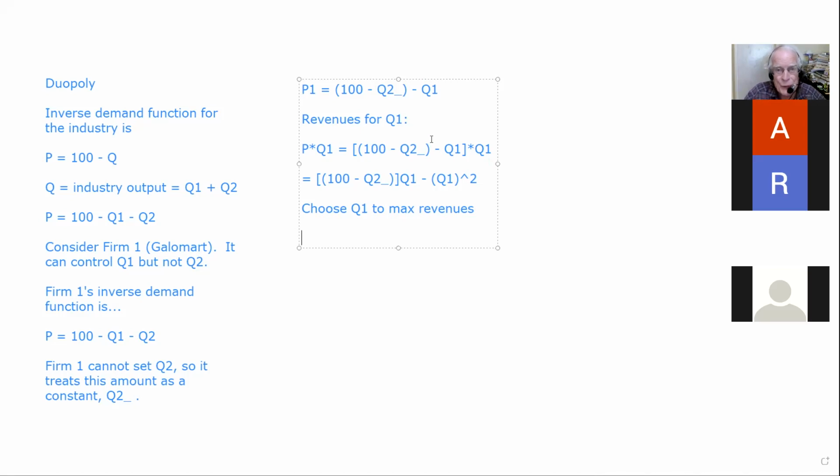Okay, so what have you found out? So let's see. We have defined revenues as price times output of firm 1. So to maximize those revenues, let's differentiate total revenue with respect to output.